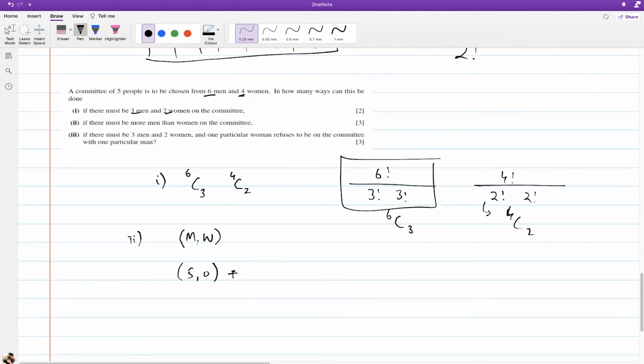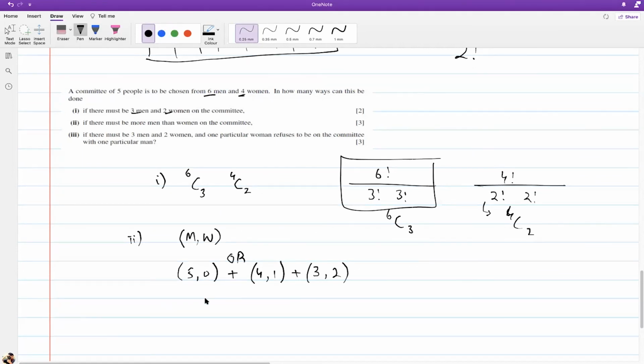Or, because it's or, I put a plus there. Or I can have 4 men, 1 woman, or 3 men, 2 women, or 2 men, 3 women. Wait a minute, that I can't have, because I need more men on the committee than women. So these are my only possible options.